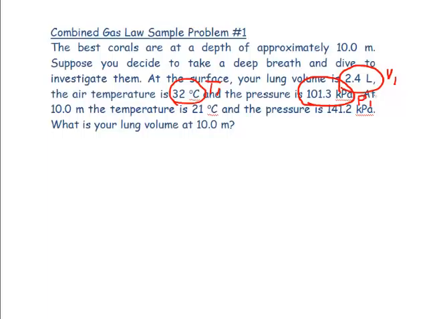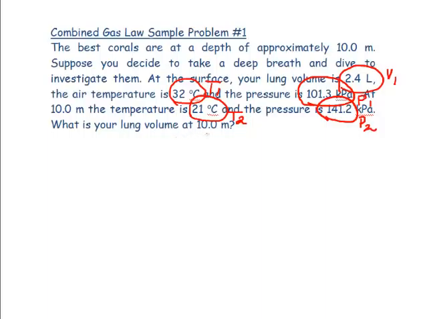Once we've gone down to 10.0 meters deep in the water, the temperature is now 21 degrees Celsius. That's our second temperature, so that's T2. And the pressure, because of the effect of water at depth, is now up to 141.2 kilopascals, and that's going to be P2.